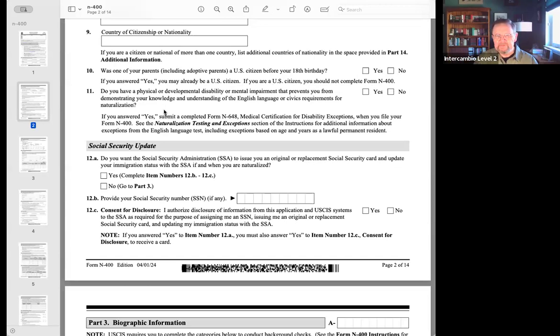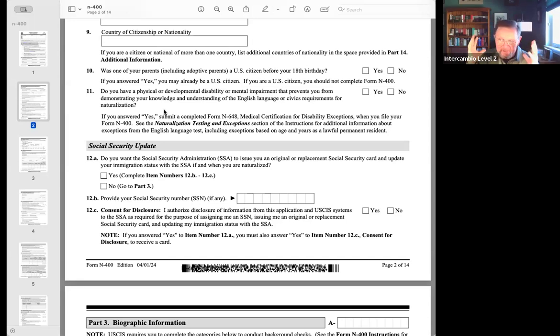On 11, this is referencing people who have a disability that means they're going to need some help or accommodations, or that might keep them from being able to understand the English language or civics requirements for naturalization.